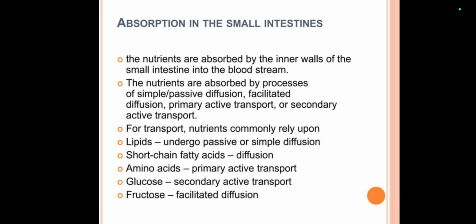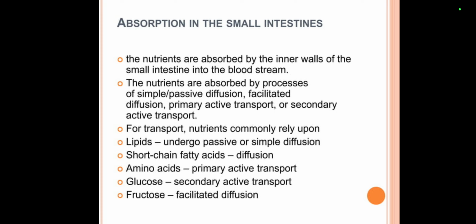The solvent dissolves the solute, so the solvent is usually the liquid. The solute is usually the solid material that can be dissolved by water. So that is secondary active transport. Then we also have facilitated diffusion, a passive movement of molecules along the concentration gradient. So that pertains to the transportation.